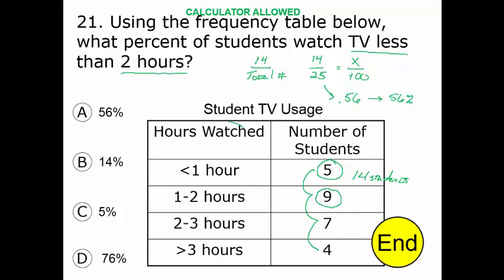Or you could do the cross multiply and divide part, and you will come up with the exact same number. But the bottom line is here we have 56%, which is our 14 students out of 25. If you think about it, half of 25 is 12 and a half, so about 56% would be 14 students. And that's where we come up with those numbers.